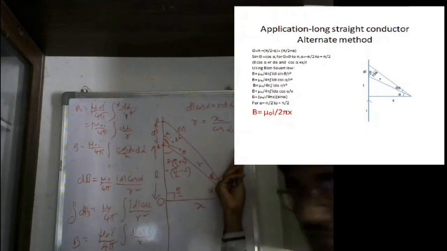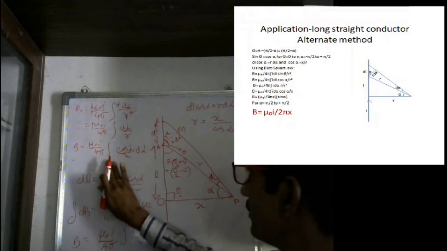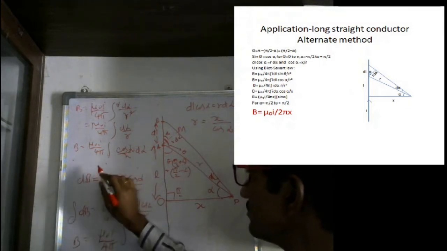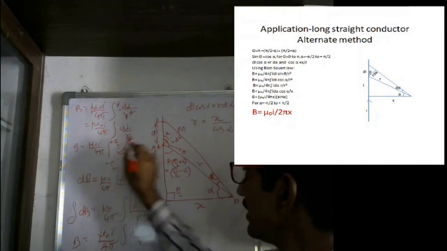Then you may write here minus pi by 2 to plus pi by 2.